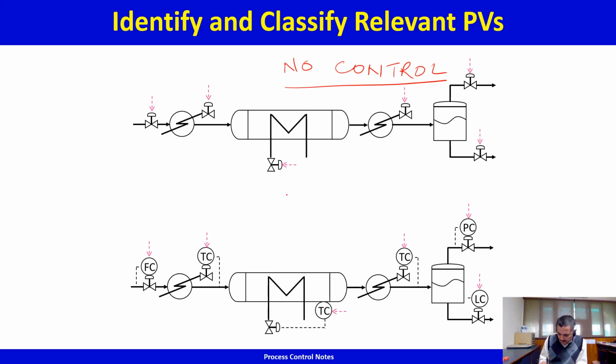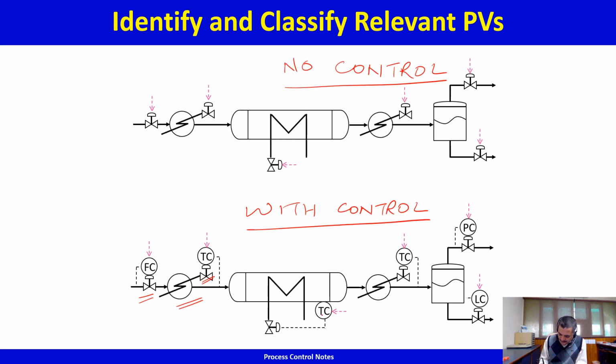Here we have a control system implemented. And what we have is a flow controller on the feed. Reactor inlet temperature is controlled by adjusting the heater duty over here.